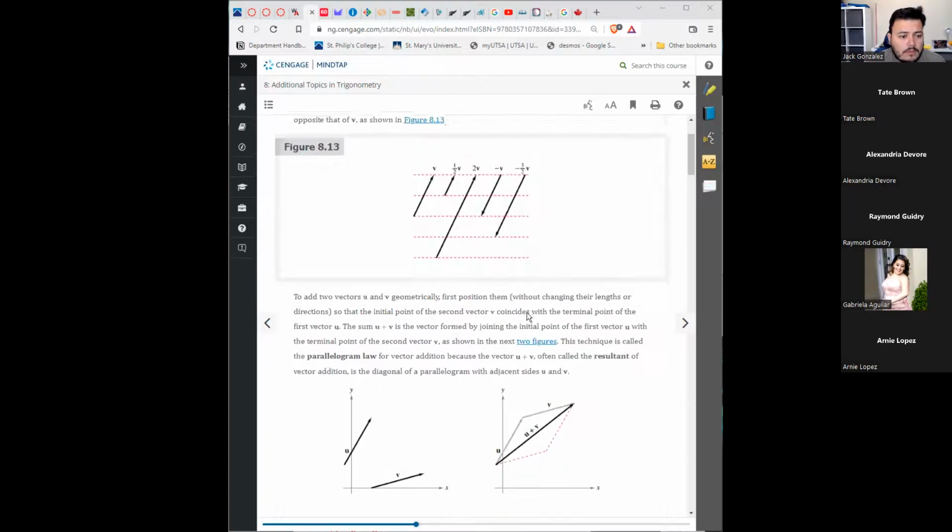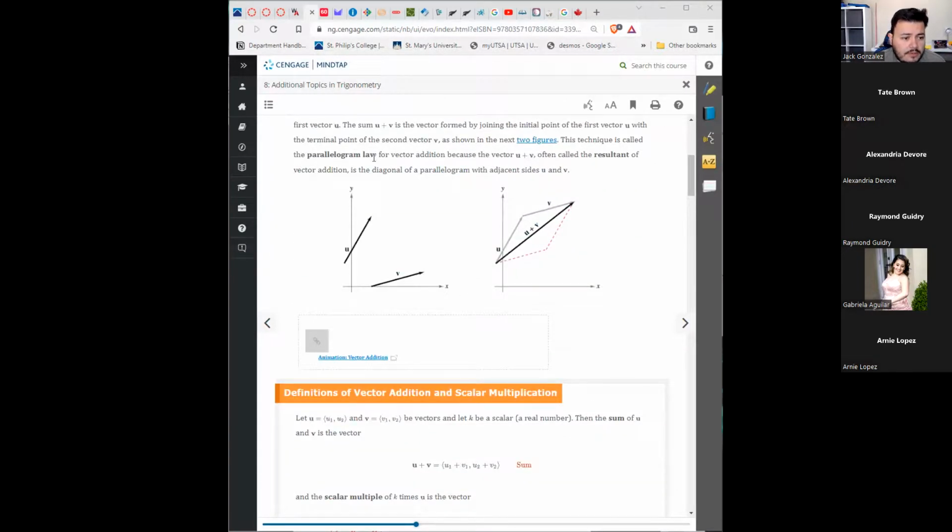Okay, so yeah, the parallelogram law. So what you do is you take the first one because you're doing u plus v. So you take the u, right? And then you put the tip of the v right on top of it. And then basically the kind of like a hypotenuse that is formed right here, that's going to be the u plus v.